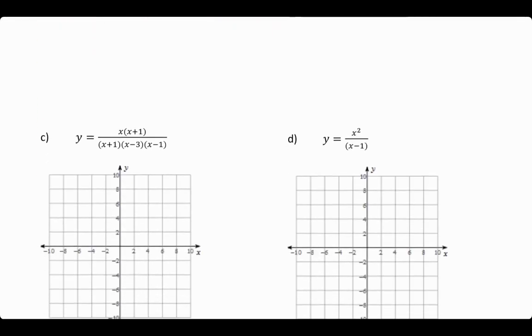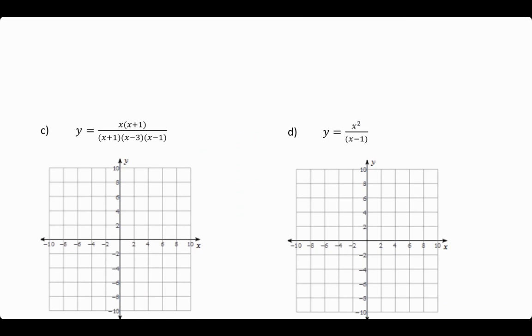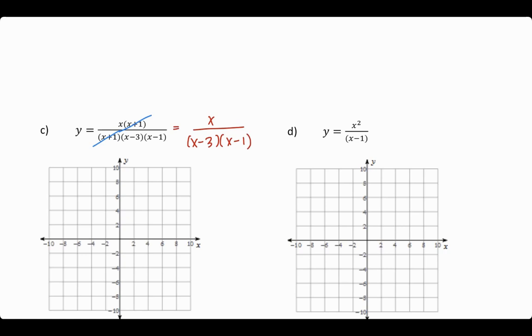So if I look at C, this one's nice because it's already factored for you. Do we have any factors that divide off? x plus 1. So x plus 1 divides off. So I have x divided by (x minus 3)(x minus 1). How many vertical asymptotes is this graph going to have?